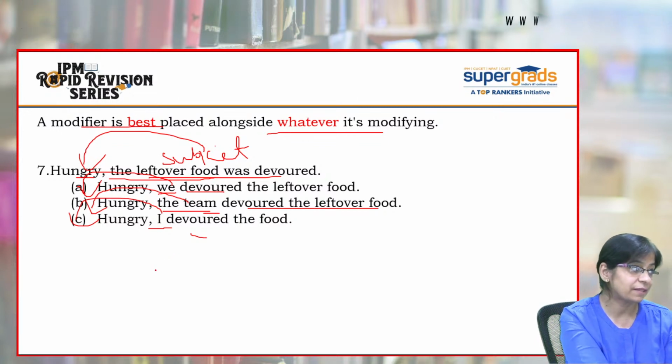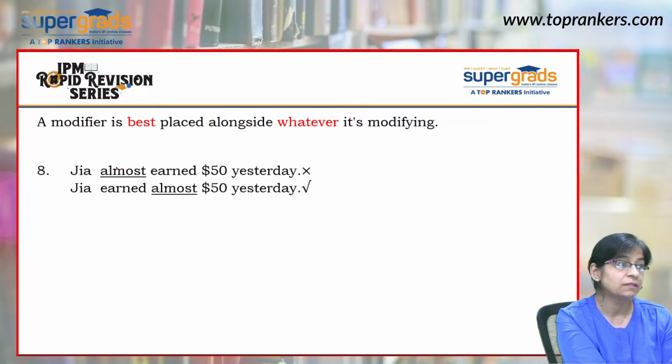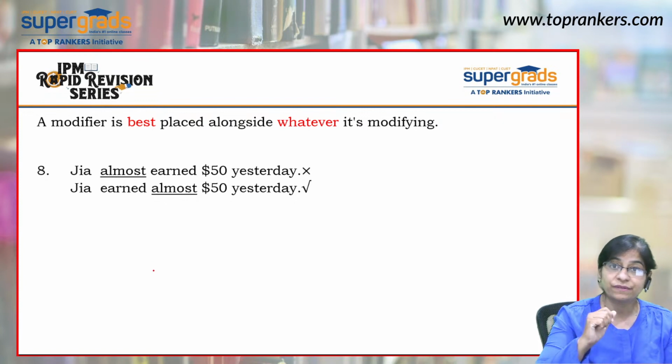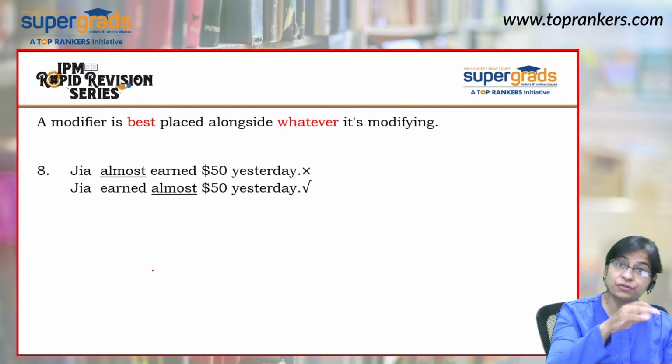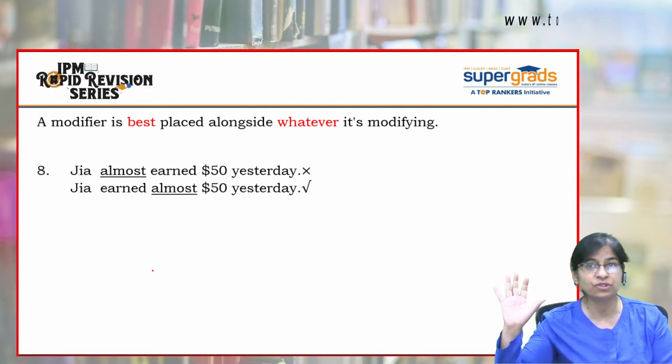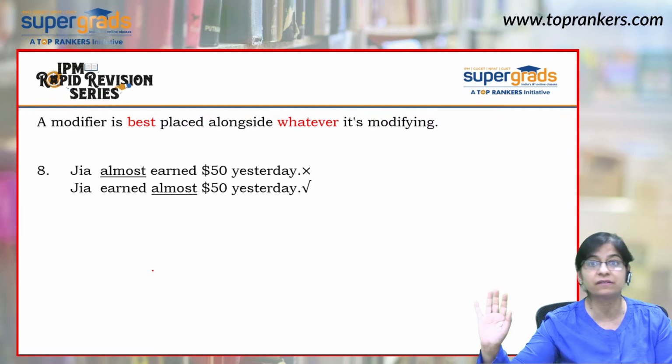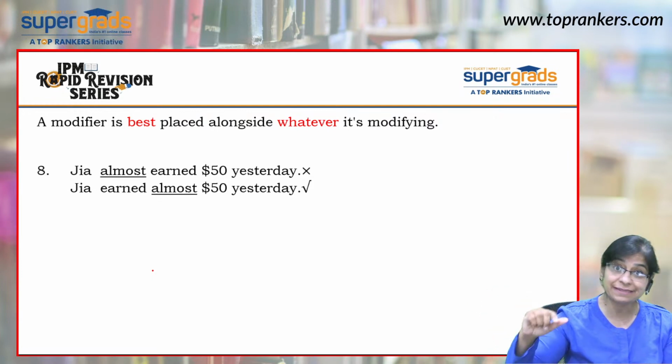Now let's look at another example. So Gia almost earned $50 yesterday. Now see, when I say Gia almost earned $50 yesterday, the focus of the sentence is that almost she earned, but she didn't earn anything. She was on the verge of earning, but she didn't earn anything yesterday. Now look at the second sentence.